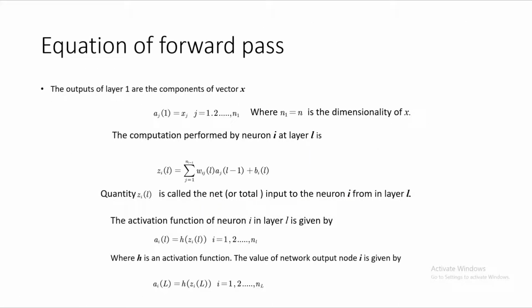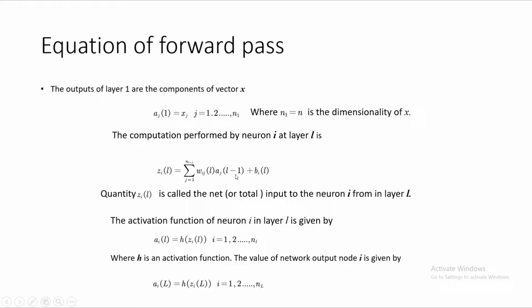What we do is, the computation performed by neuron i at layer l is the weighted summation of the inputs, and the input will be the output, the activation value, of the previous layer.